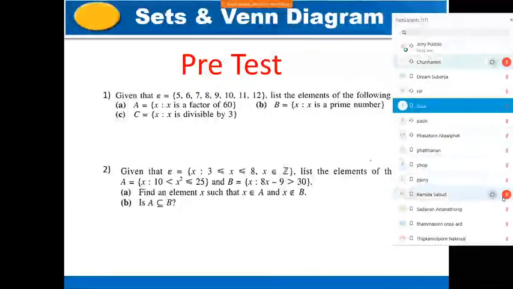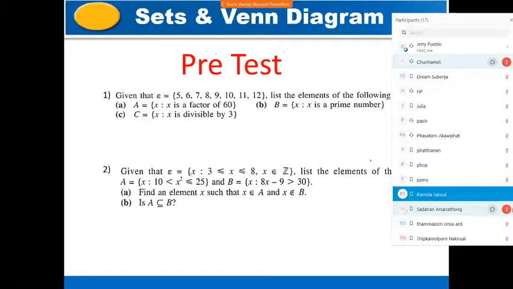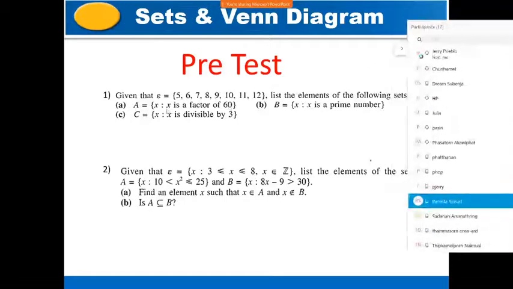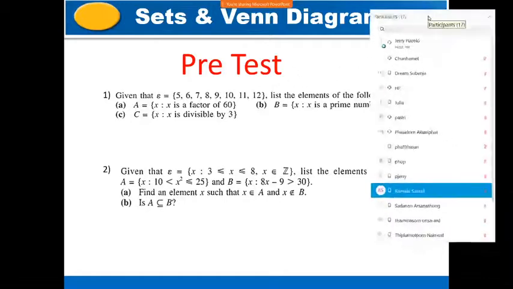Okay, Ramida. Given that the universal set is 5, 6, 7, 8, 9, 10, 11, and 12, list the elements of the following sets. Set A, where the element x is a factor of 60. Okay, Ramida, what is the answer? What is set A here? Ramida, can you raise your volume, please?